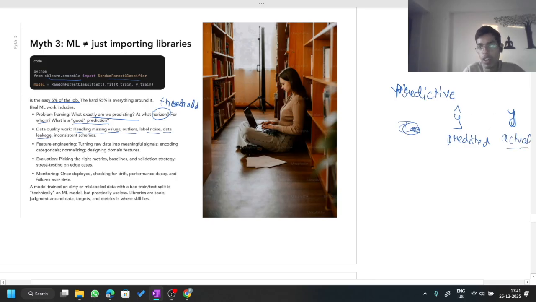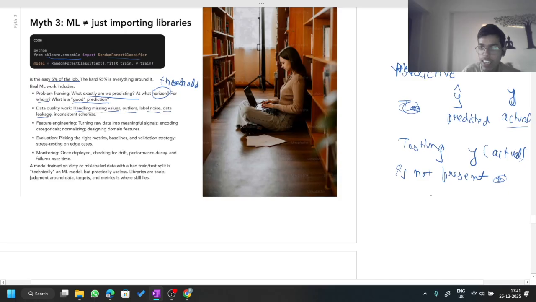During training, it's fine that you have the actual label, but during testing, you must make sure that the actual label is not present. Otherwise, it will just accidentally take that value and give you the same predicted as the actual one. Data leakage is basically the phenomenon where we pass into the model some data which it should not have seen while predicting. Clearly, during prediction, you will not use the actual data. You will only work on the X features.